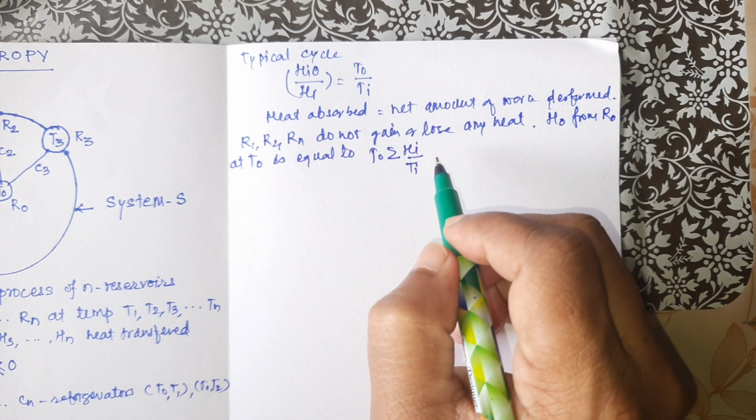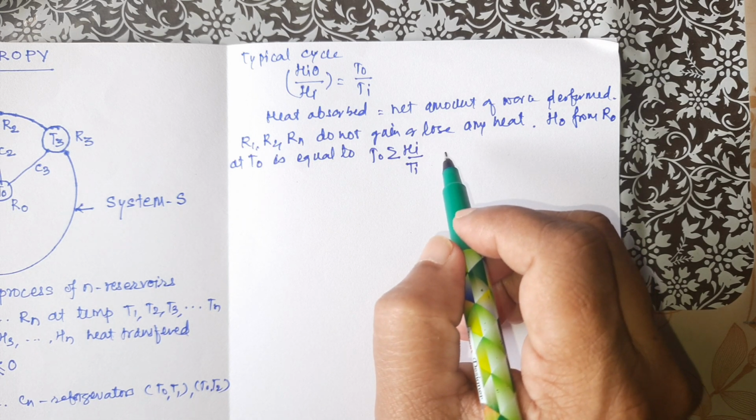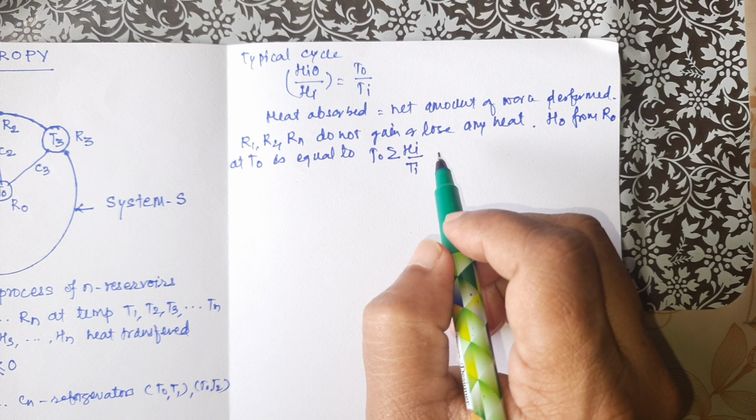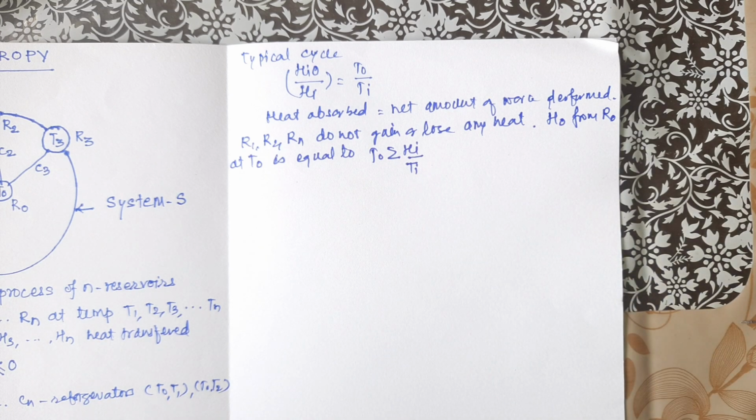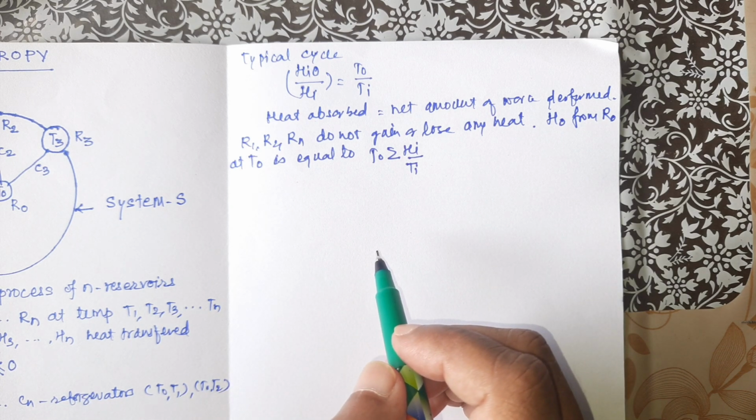It means H0 extracted from the reservoir R0 at T0 must be converted into equivalent work. But this violates the Kelvin-Planck statement of the second law of thermodynamics. What that law states: it is impossible to get a continuous supply of work from a body that can transfer heat with a single heat reservoir.